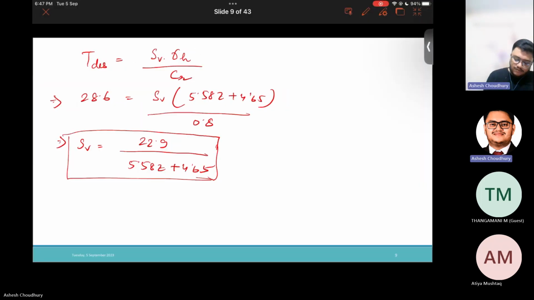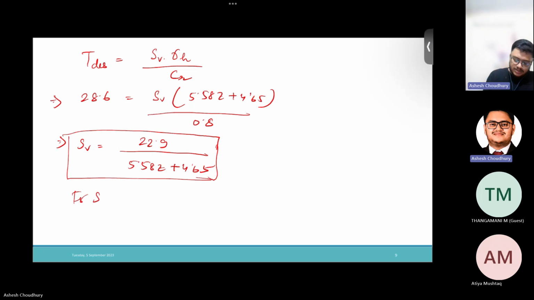Now let us check for SV equal to 1 meter. How much is the maximum depth? If SV is 1, then 1 is equal to 22.9 over 5.58 Z plus 4.65.